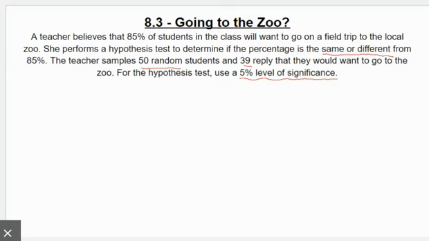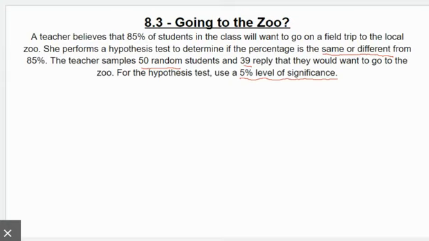Statistical significance. And it's actually even a part of the name here: 5% level of significance. What we have said in the past is that if we find a probability of something, and the probability of that event is less than 5%, then we say that it is unusual. We also can say that it is statistically significant.